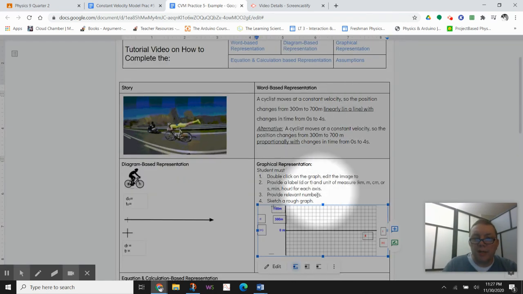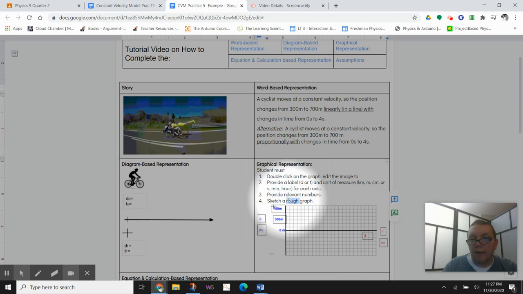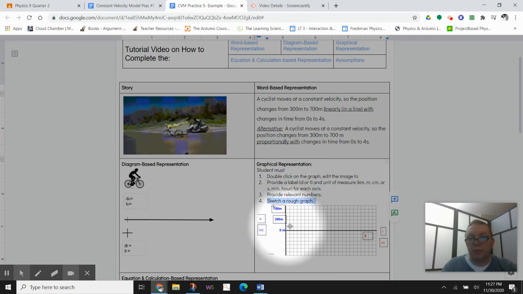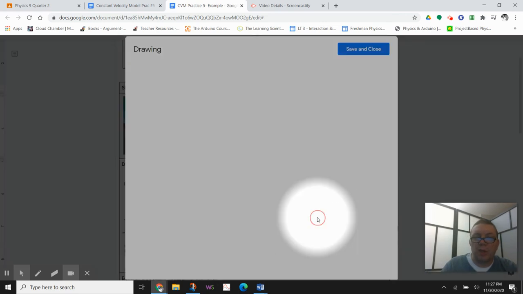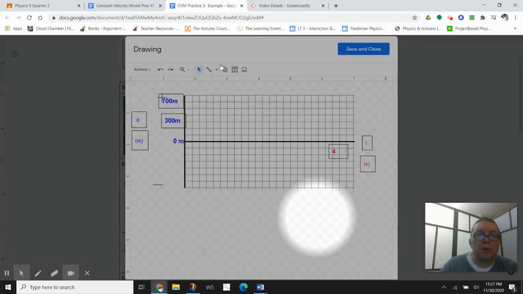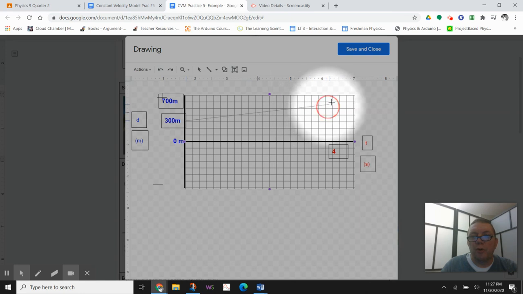The next thing that I still need to do is include a line that shows how this thing is moving. It's going from 300 to 700, from 0 seconds to 4 seconds. So I'm going to select a line, and I'm going to start at 300, and then go to where 4 seconds is, which is where the 700 is.